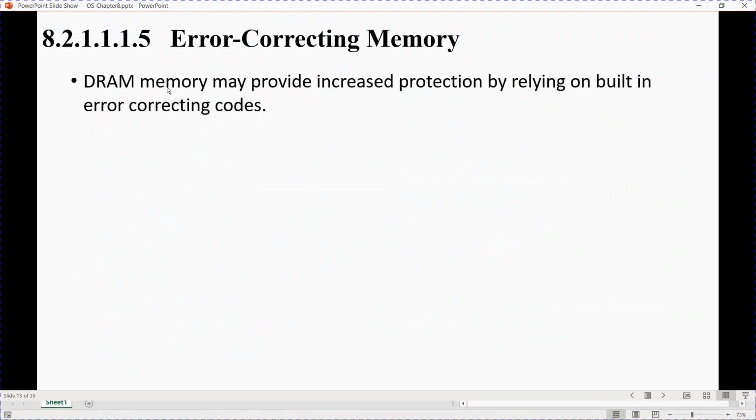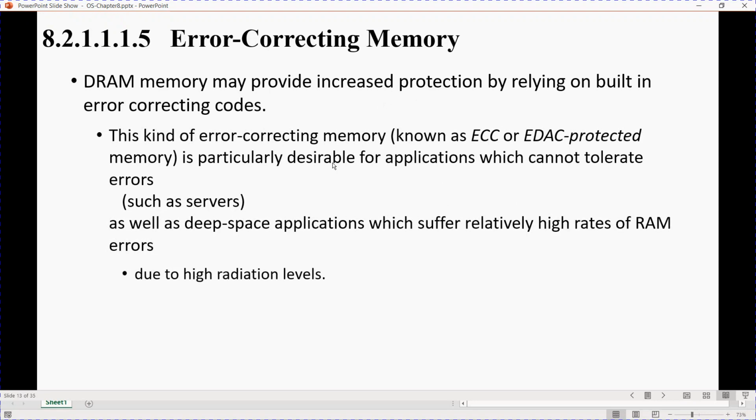DRAM memory can provide increased protection by built-in error-correcting codes.